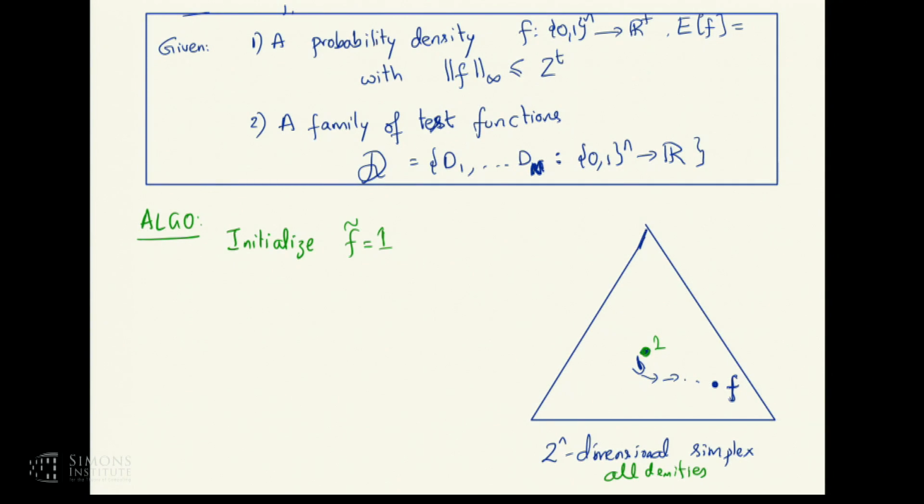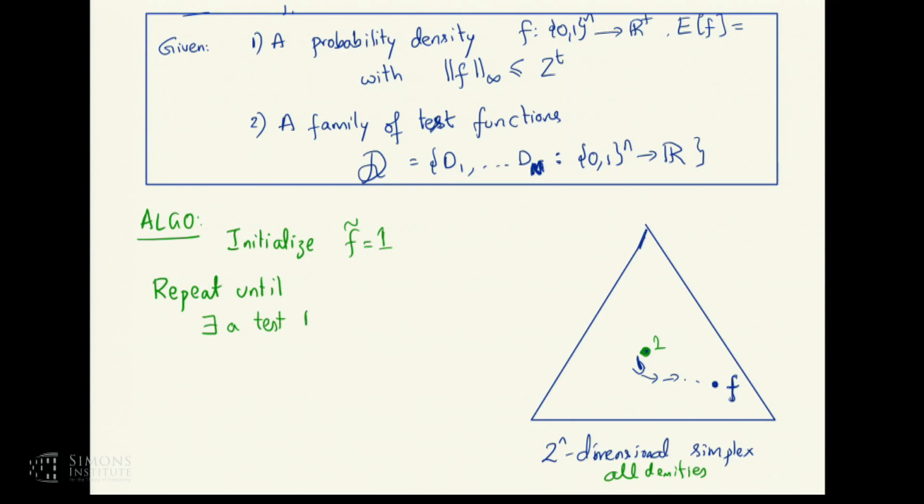Okay, and at any point in time, what you do is you see if you actually fool all the tests, right? You see if there exists some test that you didn't fool.